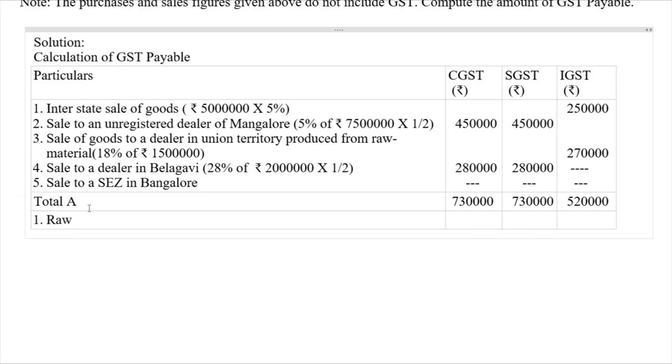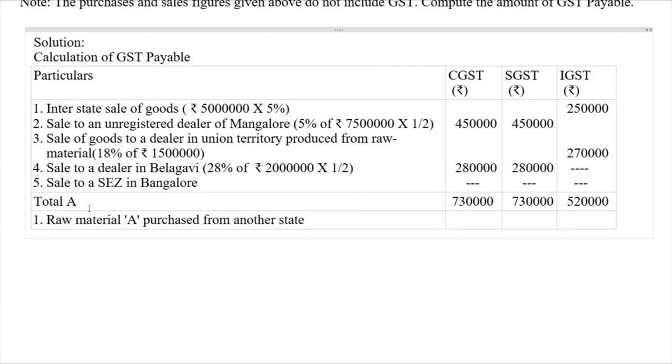Then the next we will go here, that is raw material A purchased from another state, on which we should pay the IGST here.